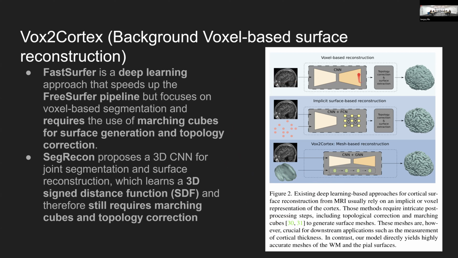Well, I think segmentation occurs here, and then they extract the topology from the segmentation and then use marching cubes. Yeah, so this is the regular FreeSurfer approach, only the segmentation is replaced with deep learning. Yeah, that sounds right. And FreeSurfer does that too. It has some marching cubes, and it mentions that right here. Segrecon's another one.